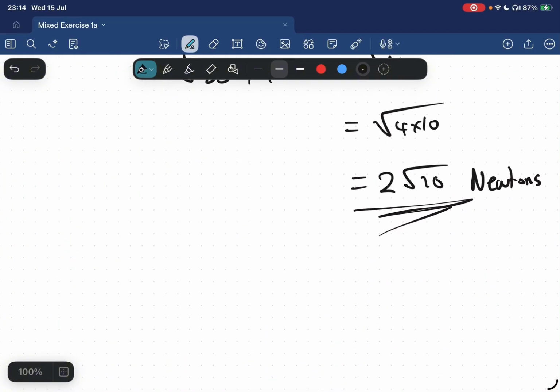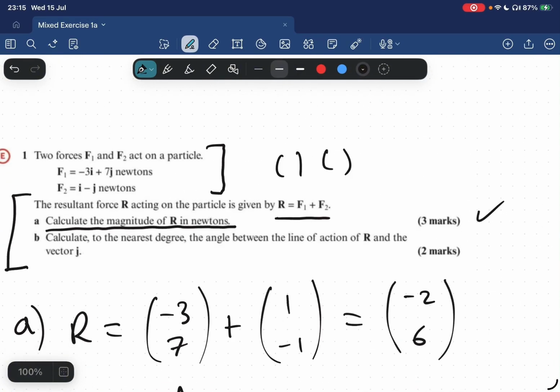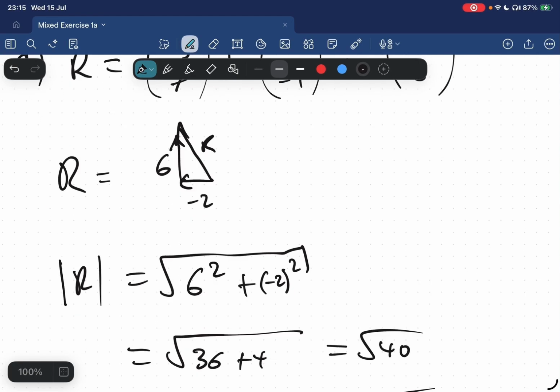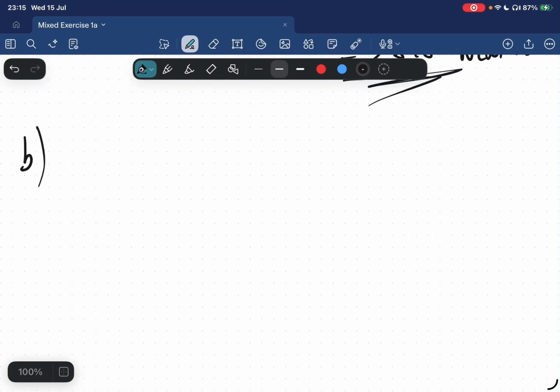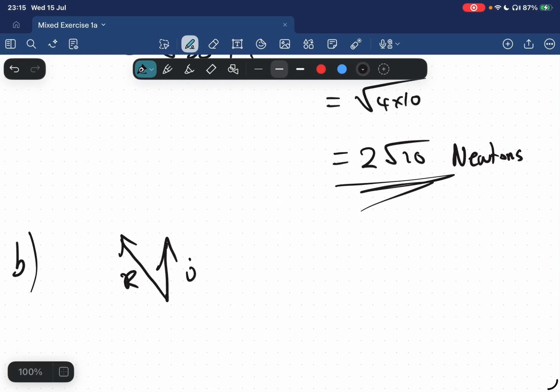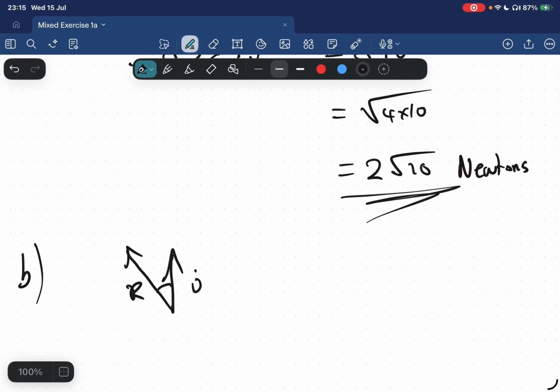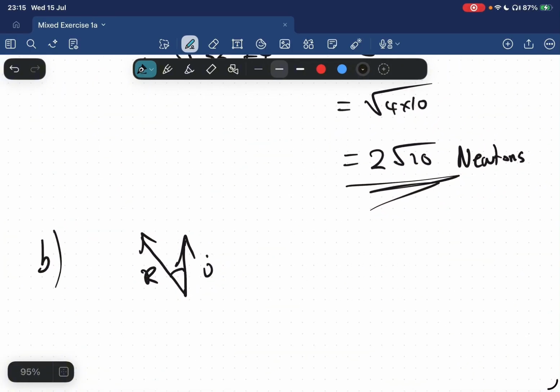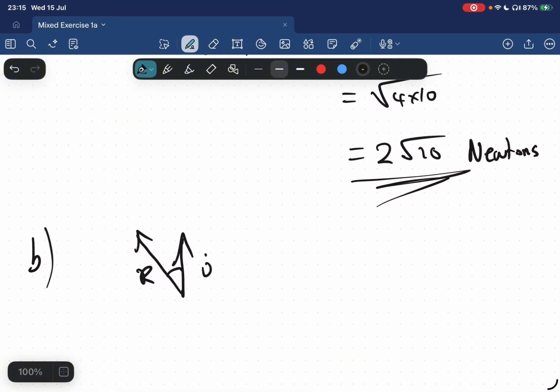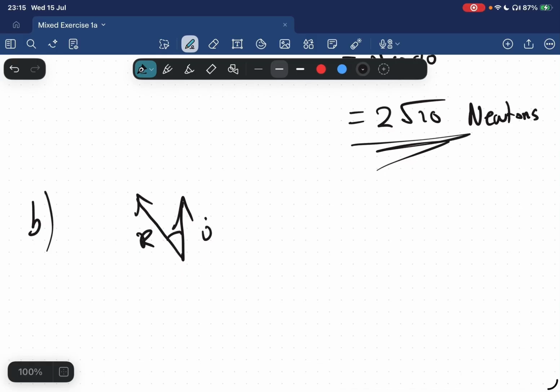Well, let's put B. Line of action of R and the vector J. We know what the vector J is, so let's put the vector J. And the line of action of R, it would make sense that this is R, right? And the angle between these. Even if you're not 100% sure what the line of action is, this is a very good place to start: finding the angle between these two vectors.